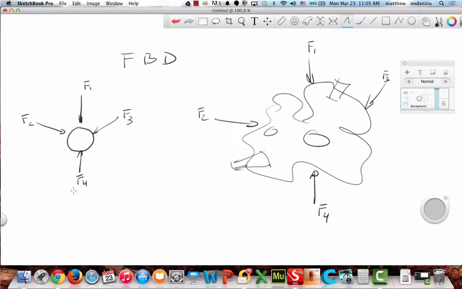But because we have this F3 at an angle, we have to do what with it? Break it down to components. So you can break this down to F3X and F3Y. But wait a minute. If I put F3X and F3Y on here, is it appropriate still to have F3 on here?